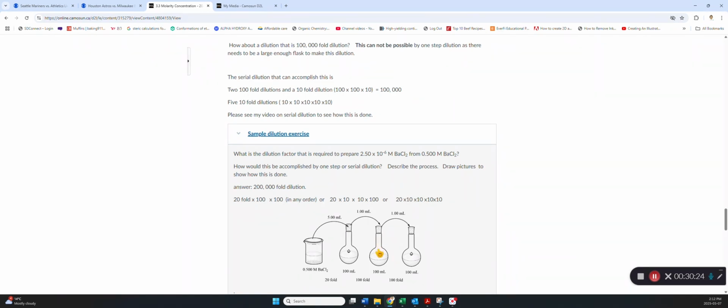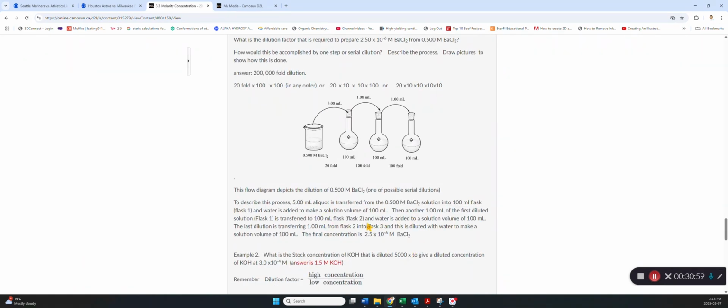Then what we're going to do is take another clean pipette, transfer 1 ml from this second flask to a third clean flask, and then make it up with water to the meniscus, cap it, shake it, and now we have a 200,000-fold diluted solution.